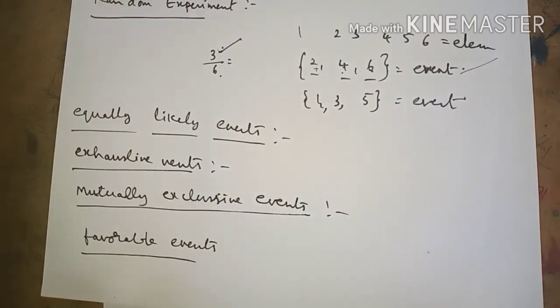Now, the next one is independent events. How to define independent events? This is suitable for 2 or more events.